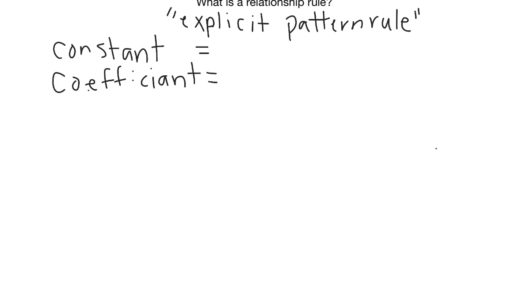So if you remember back to that picture, I'm sorry that it's not here, but if you rewind back to that picture, you'll remember that the constant was the blue tile, and we had one of those, and the coefficient was +4 because for every term number we were adding 4 red tiles. So this was the blue, and this was the red tiles.